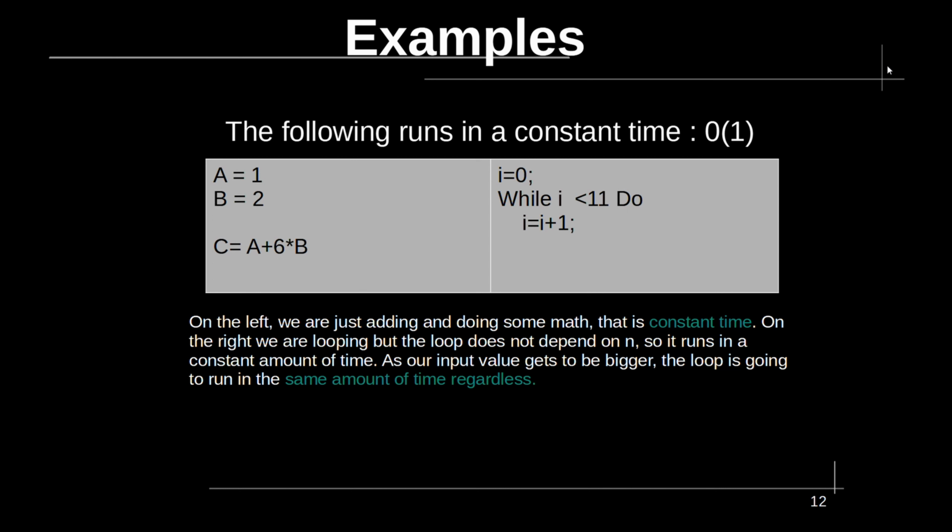On the right-hand side, we have a while loop, and we are saying while i is less than 11, keep on running the loop until we get to 10. Both of these don't depend on n, as they are running in constant time. As our input size becomes bigger, the loop is going to run in the same amount of time regardless.